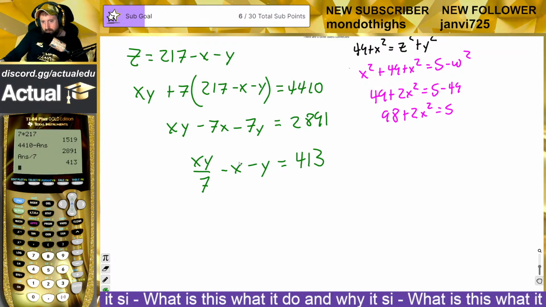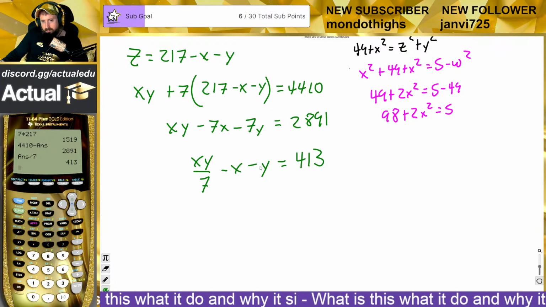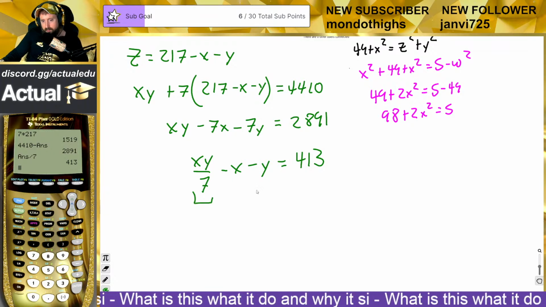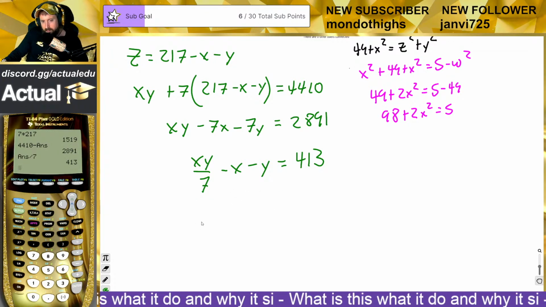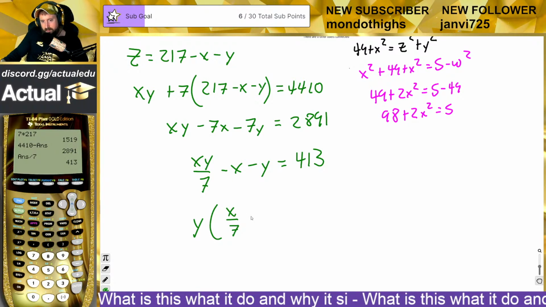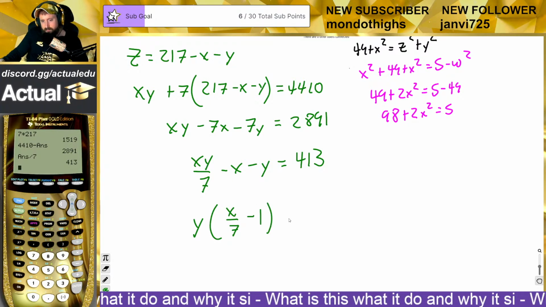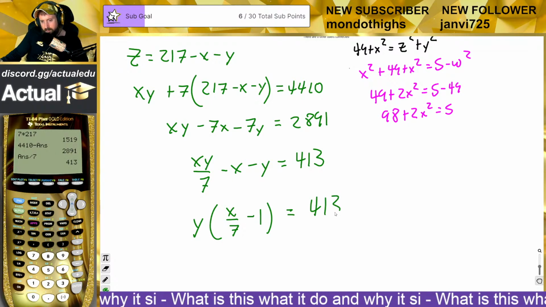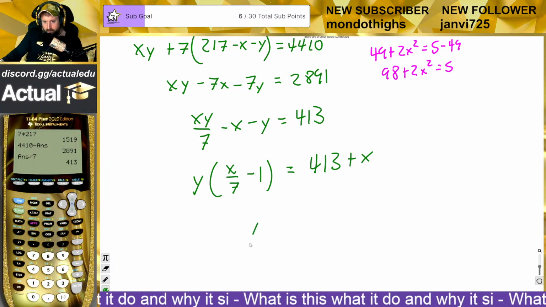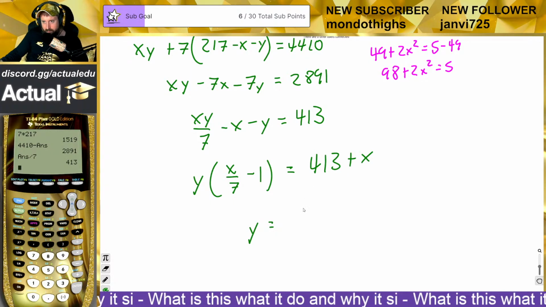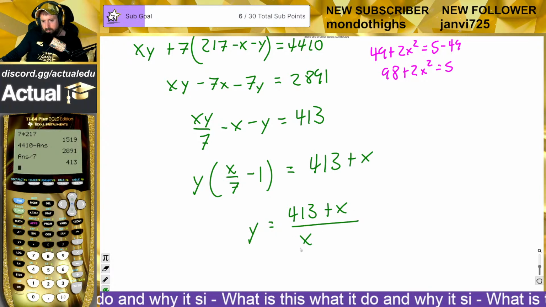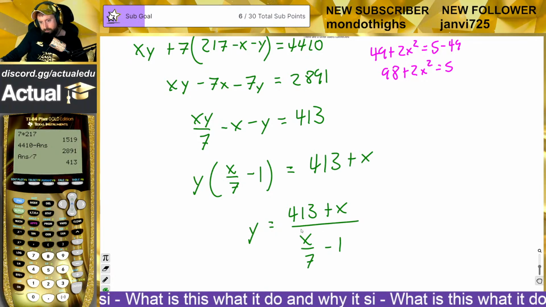I wonder if I can decompose this one. Let's group this with this, and then let's pull out a y. So I'm going to say y times (x over 7 minus 1) is equal to 413 plus x. And then I'm going to move this underneath. I'm going to say that y is equal to (413 plus x) over (x over 7 minus 1).